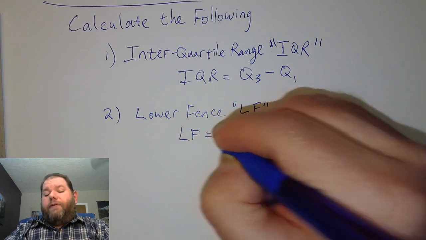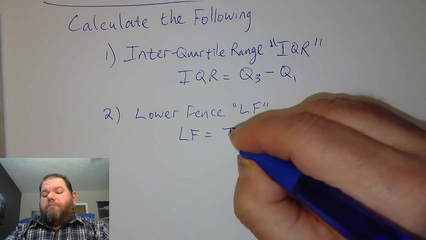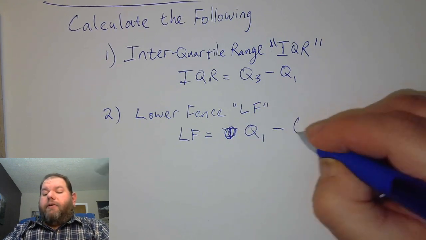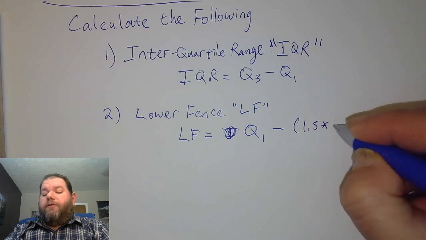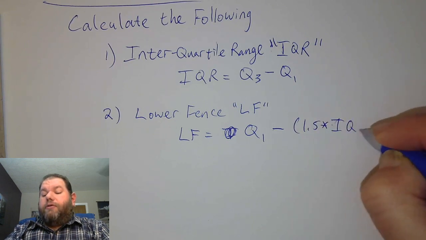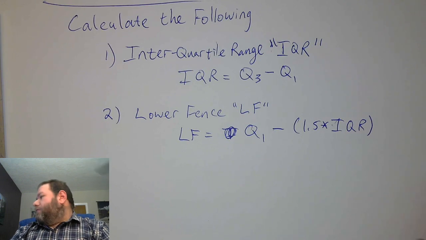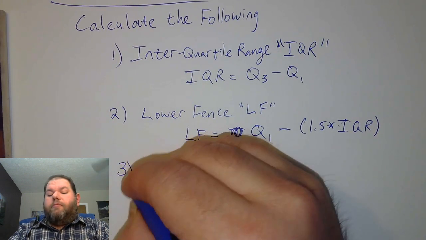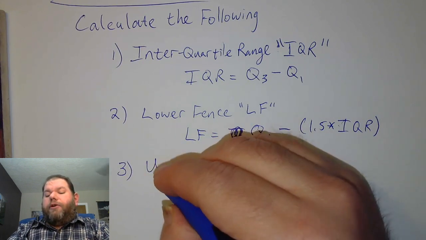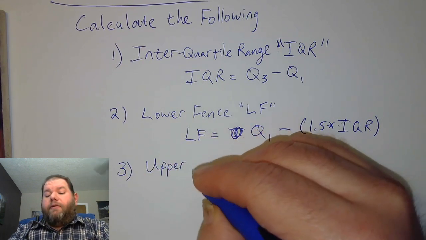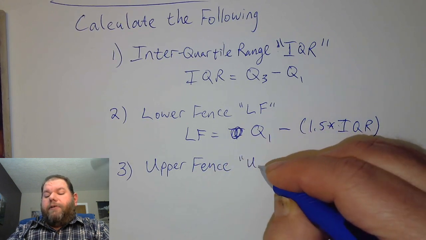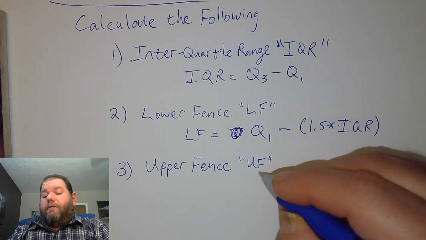Our lower fence is equal to Q1 minus 1.5 times the interquartile range. And third, we'll calculate the upper fence, which you'll be surprised to learn is abbreviated UF.